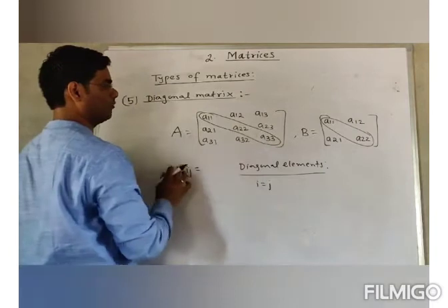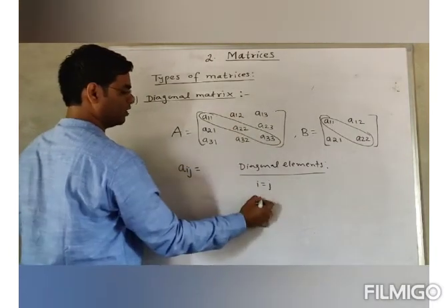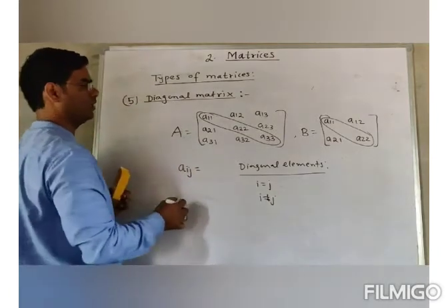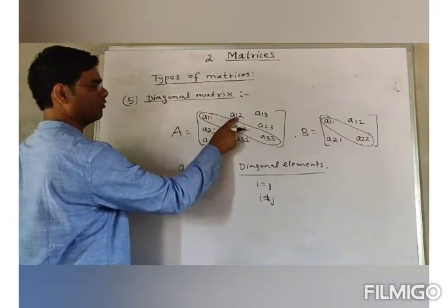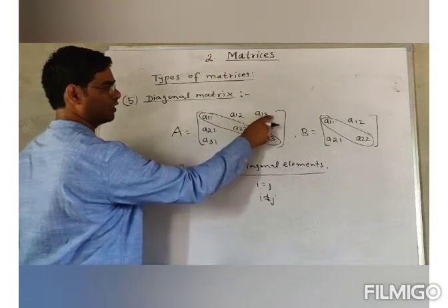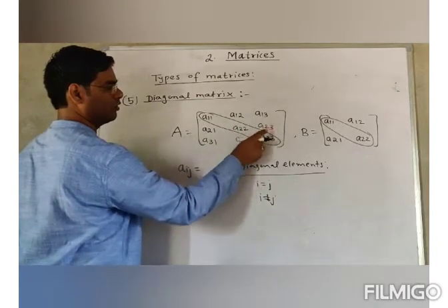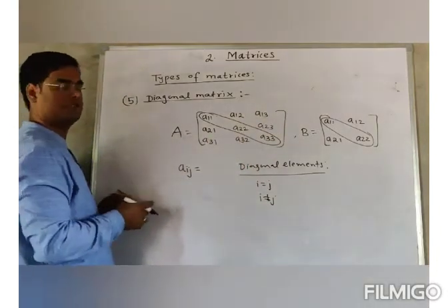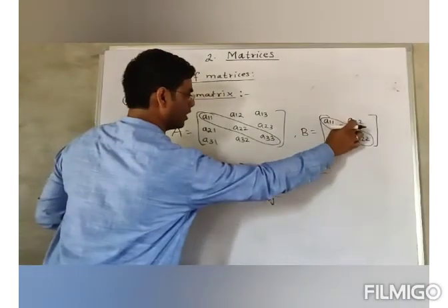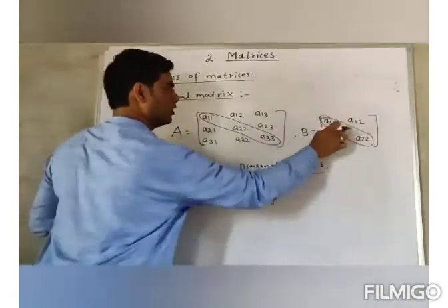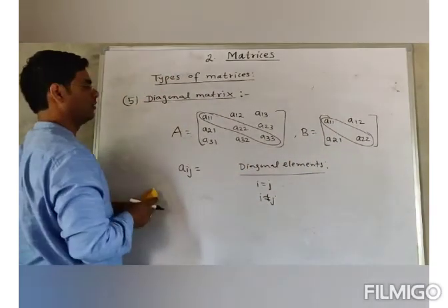Now what are non-diagonal elements? The elements in which i is not equal to j are known as non-diagonal elements. Here i equals 1, j equals 2; i equals 1, j equals 3; i equals 2, j equals 3. Therefore these 3 and these 3, a total of 6 elements, are known as non-diagonal elements. And here i equals 1, j equals 2; i equals 2, j equals 1. These 2 elements are known as non-diagonal elements.